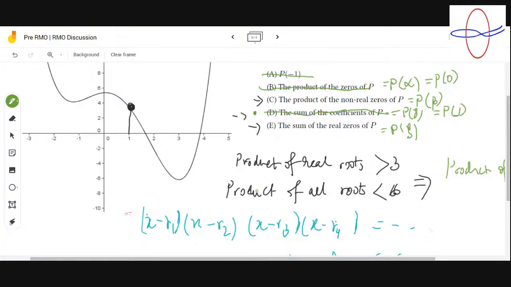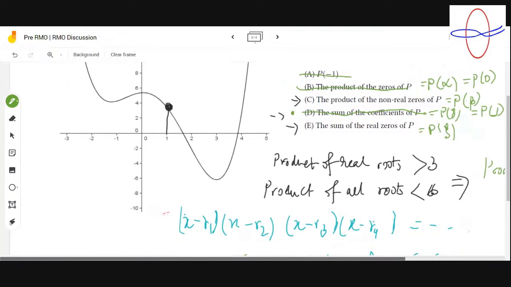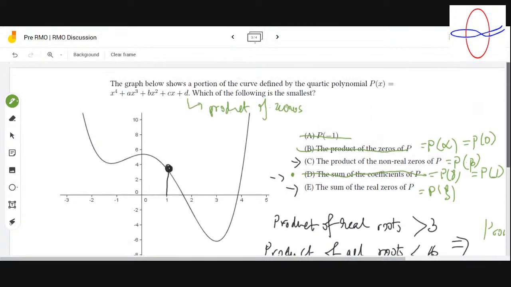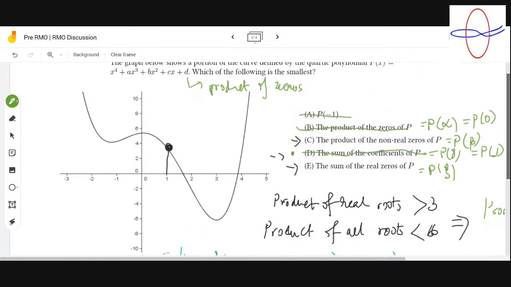Now, what is the sum of the real roots? Can someone tell me how you find it, whether it's positive or negative? The sum of the real roots is what? It's really easy. It's greater than 4, right? 1 and 3.